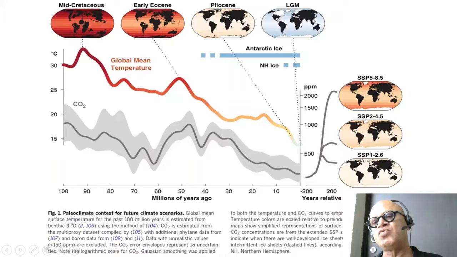So they have SSP1 at 2.6, SSP2 at 4.5, SSP5, because we skipped the SSP 6 point whatever. So this puts us in the range of CO2 that is shown here based on what choices we make in the coming years and decades.